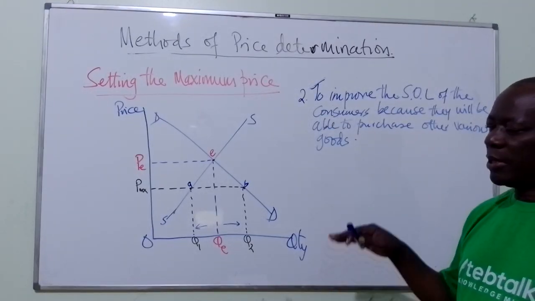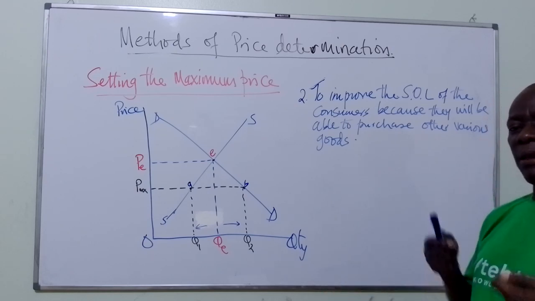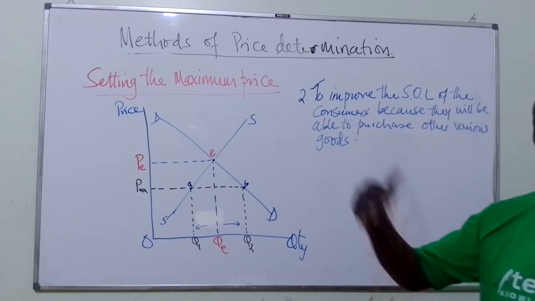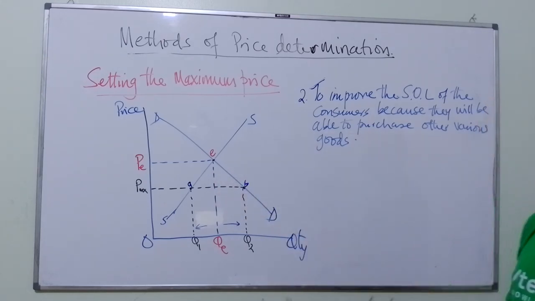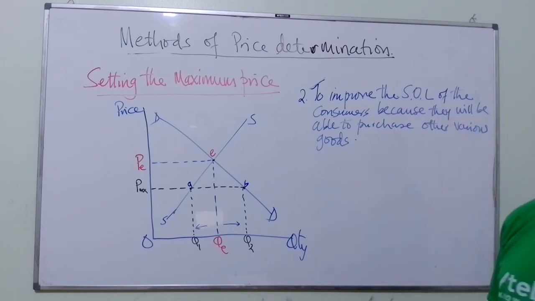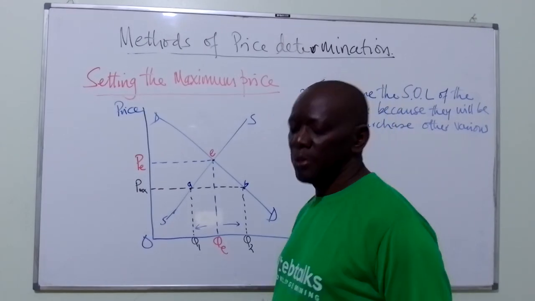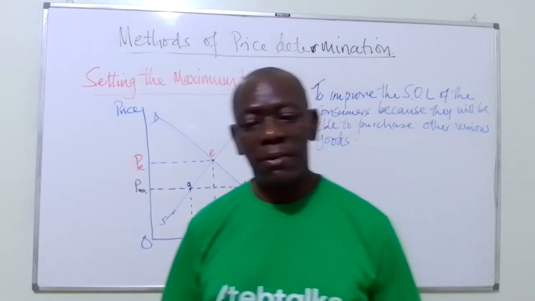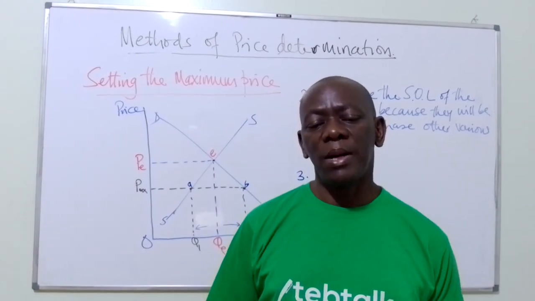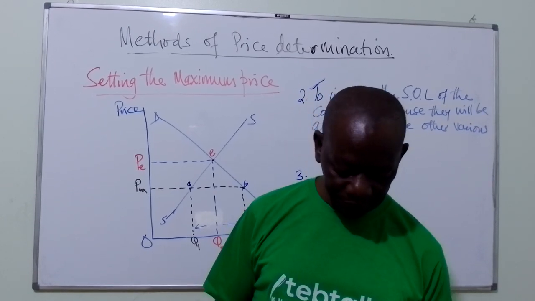Now, if the consumer is getting lower prices, it means that he's saving from the income he has been having, and that means he can buy other commodities he has been foregoing, thereby improving his standard of living. So that is another reason why government sets the maximum price, such that the consumer can have an improved standard of living.